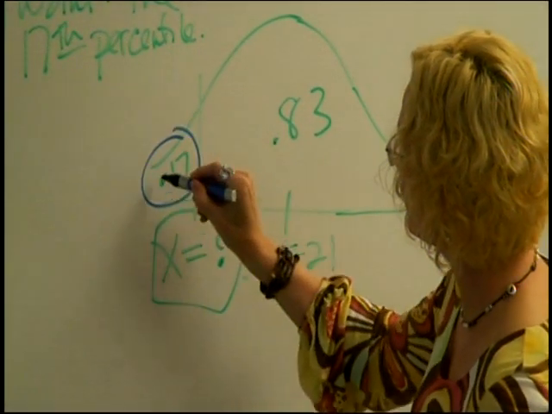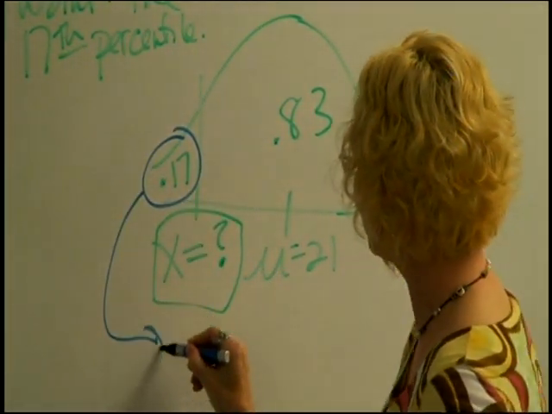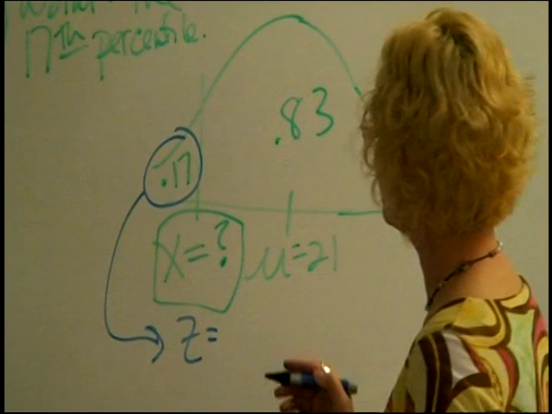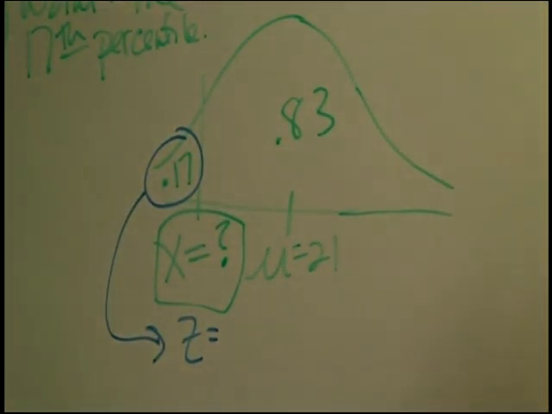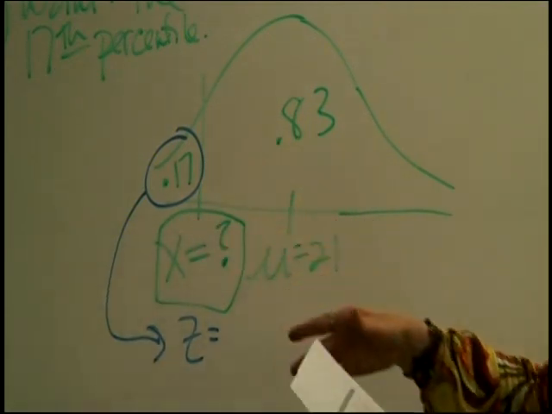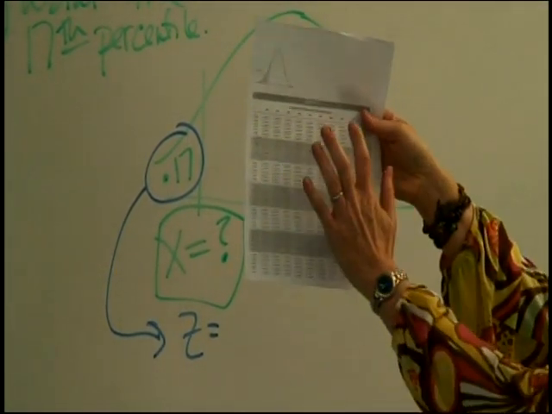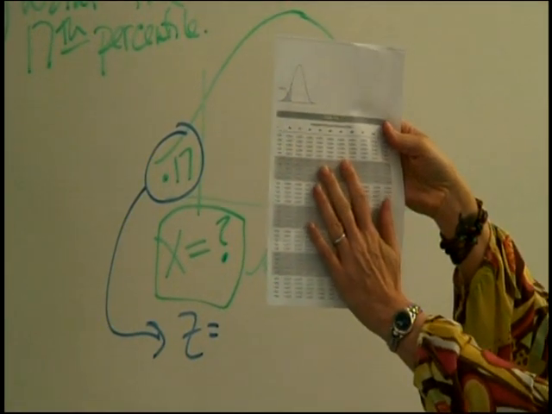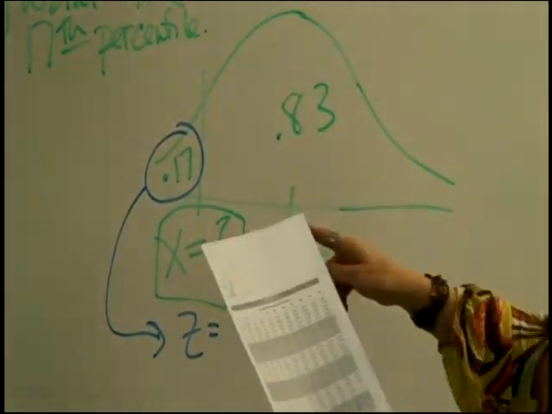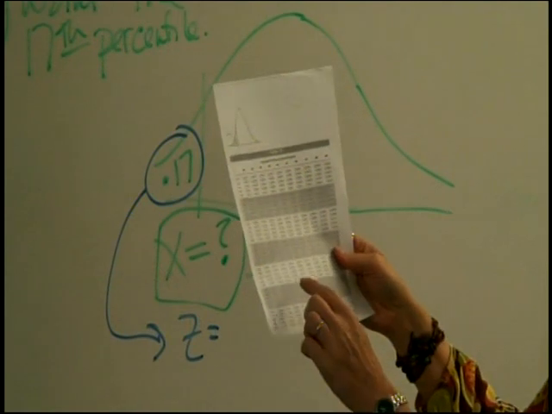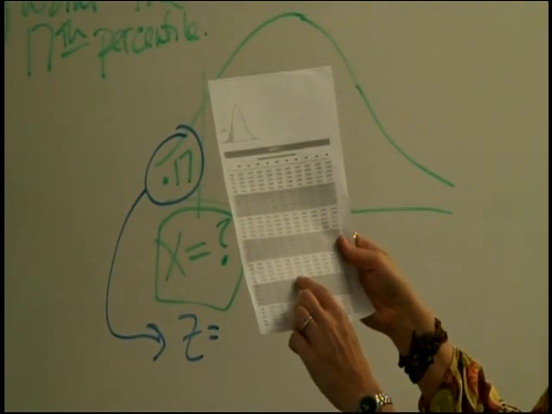We look this up in our table and go backwards to find the corresponding z-score. Grab your table. You're on the left-hand side, so you want the side with negative z-scores, and you look in the middle of the table because we have a probability. We're going to find the closest thing we can to 0.17.